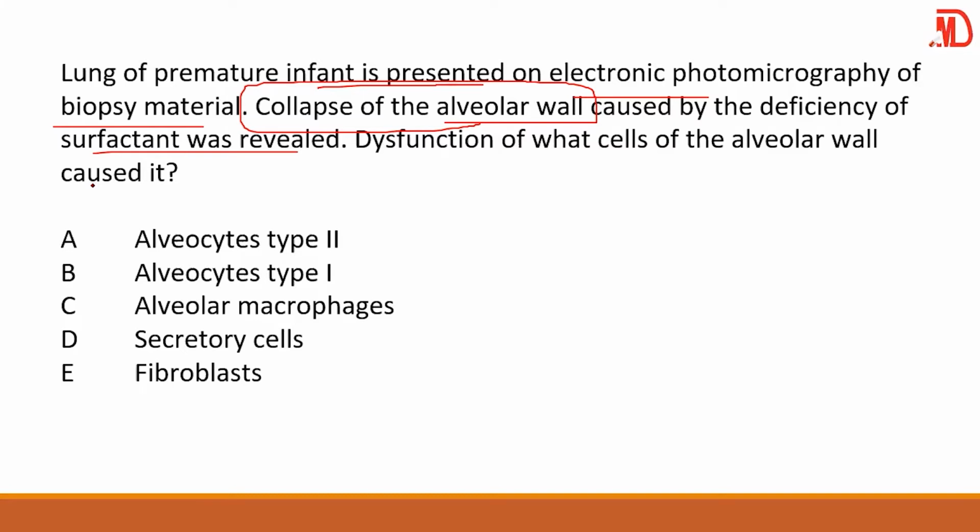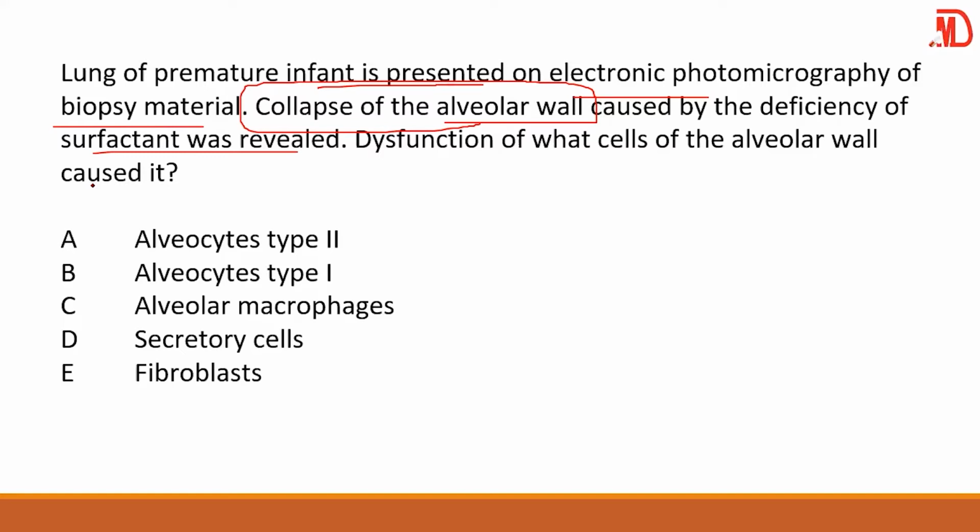So now they're telling us that there's a collapse of the alveolar wall. And the question is, what deficiency of surfactant has caused it? So first of all, you must understand that there are two major types of alveolar cells: type 1 and type 2.